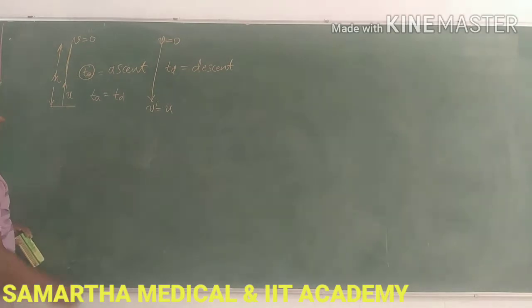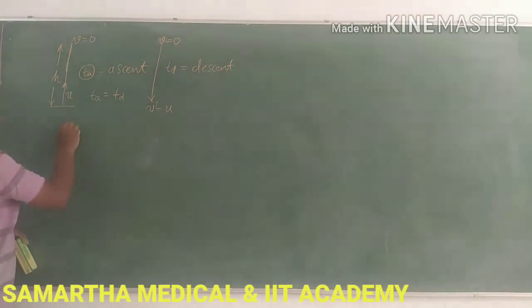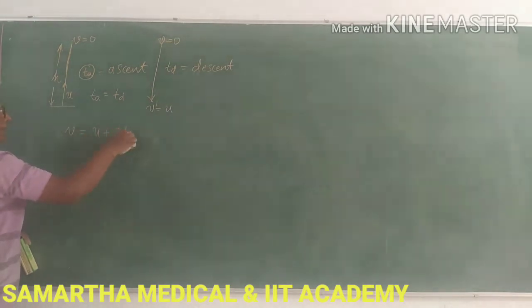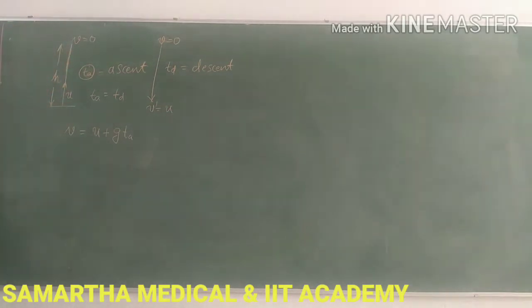So now let's calculate. How do you calculate it? V is equal to u plus g TA. What is TA? The time taken to go upwards. What happens to the final velocity at the maximum height? 0 is equal to u plus gt. But since it is going upward, I should not write plus, I should write minus. u minus gt.